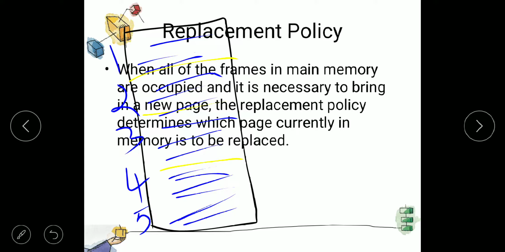Which particular page is not going to be needed soon, or by enforcing some strategy to avoid page fault, it can select some page to replace for the new one. A new page needs to be accommodated here by replacing the existing pages available in the main memory.